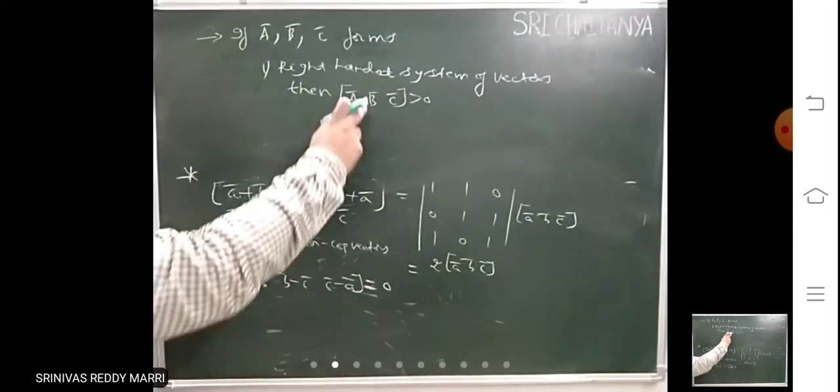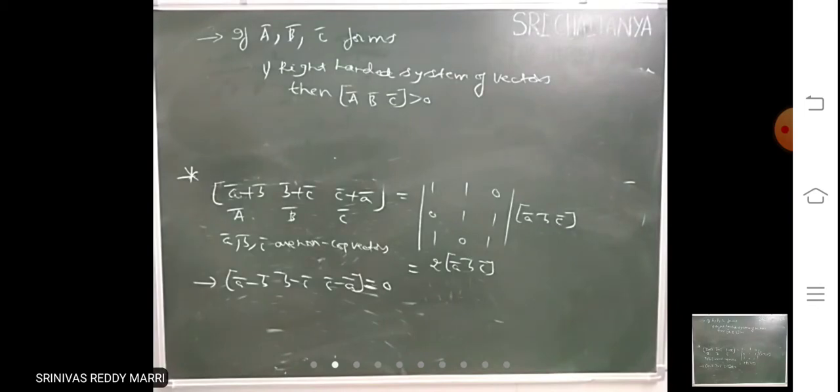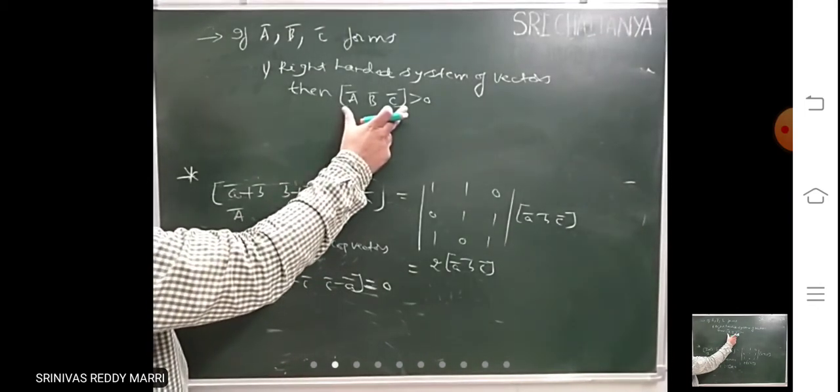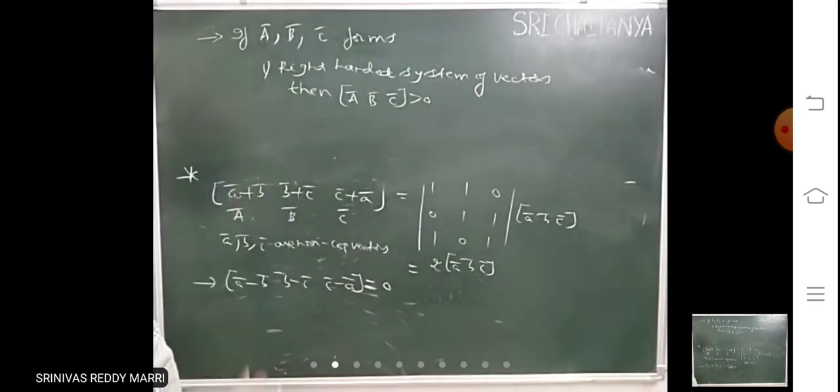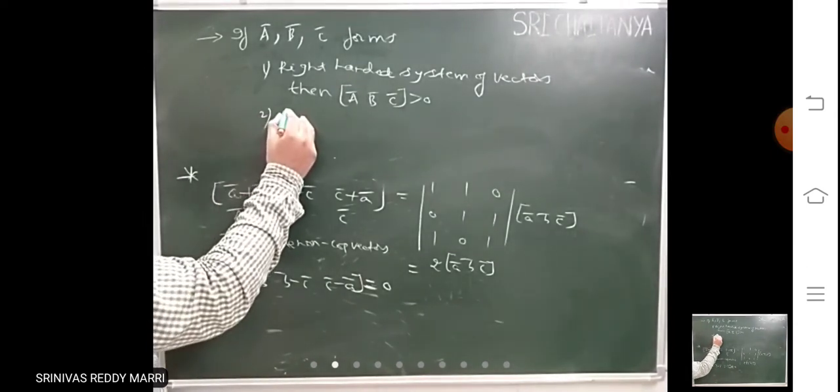You remember this one. While telling the geometrical interpretation, I will tell what a right-handed system of vectors is. For the time being, if this is positive, then these vectors are called a right-handed system of vectors. I will explain while telling the geometrical interpretation.